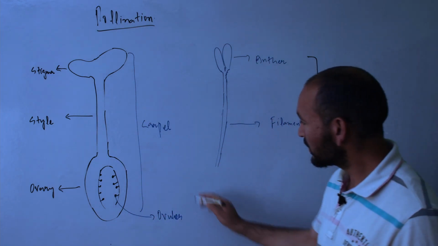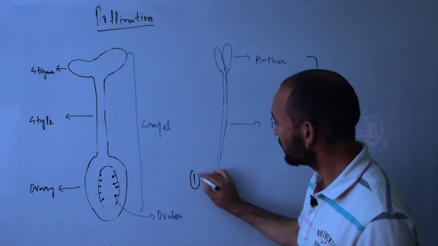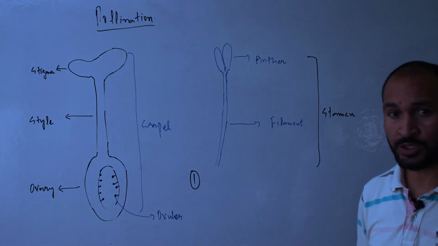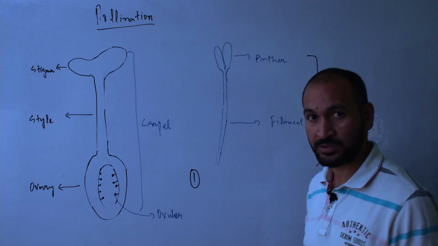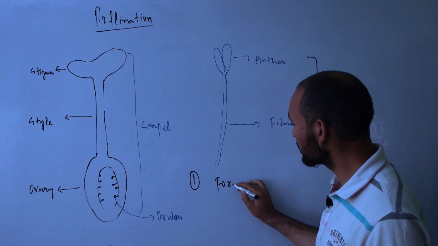Now, let us see. As we know that in sexual reproduction, the beginning event, that is the formation of gametes.